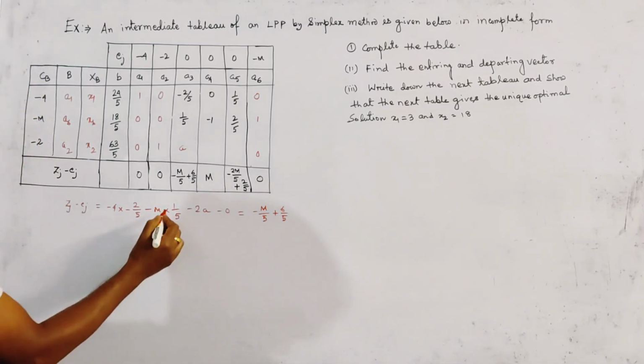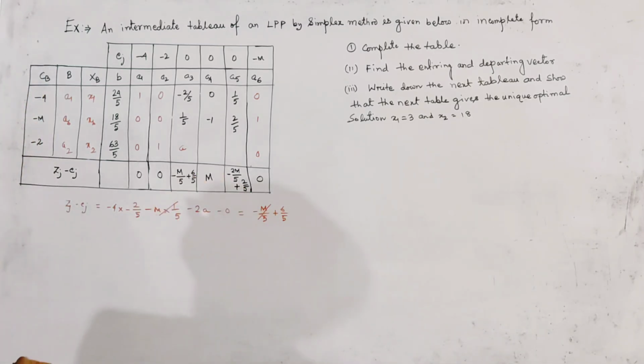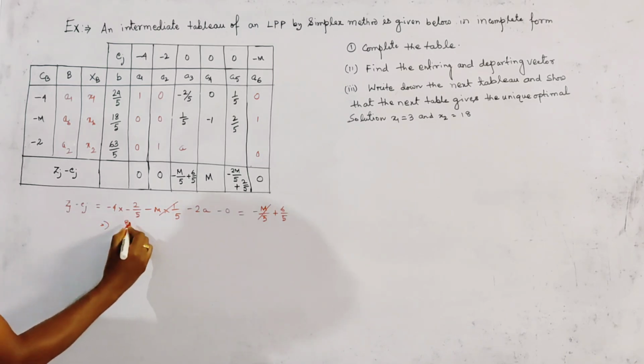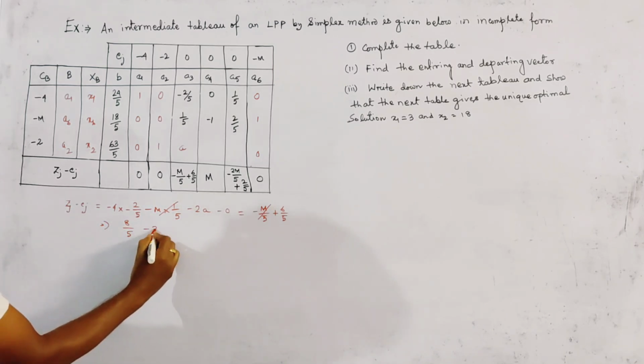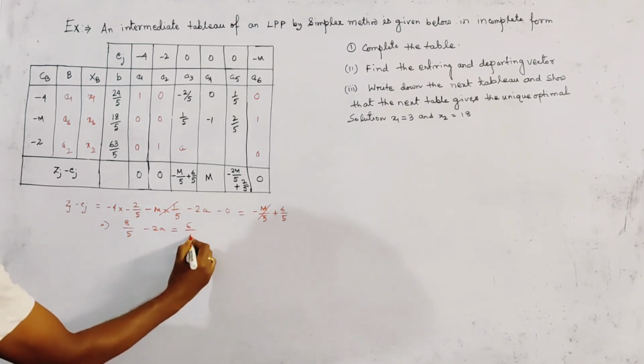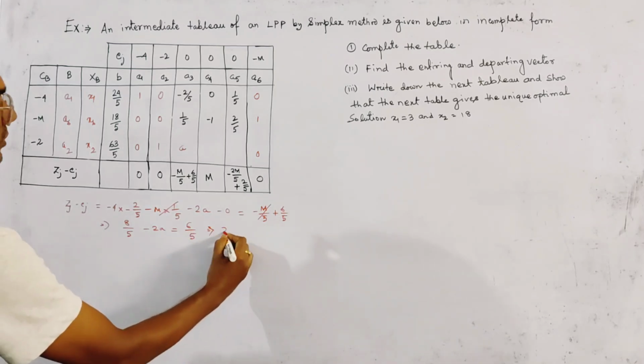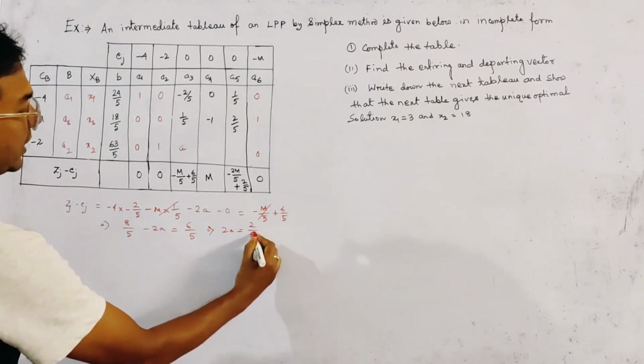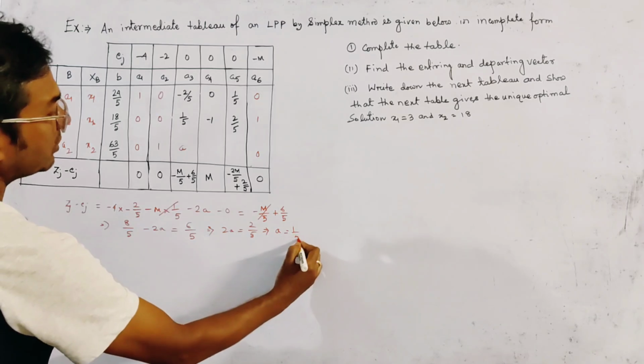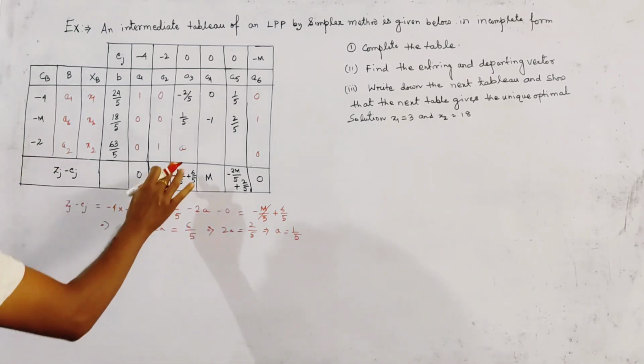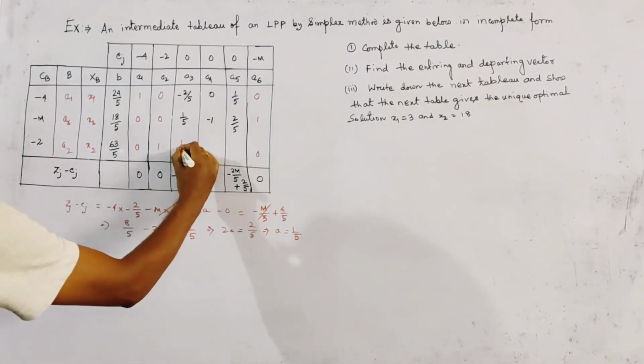The -M by 5 cancels out, and 8 by 5 minus 2a equals 6 by 5. So we get 2a equal to 2 by 5, that is a equal to 1 by 5. So we put 1 by 5 here.